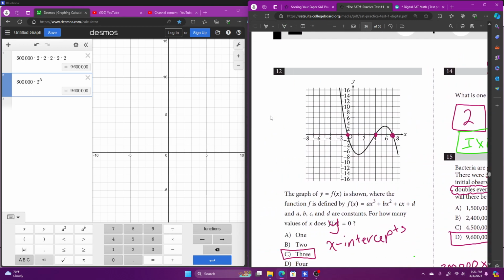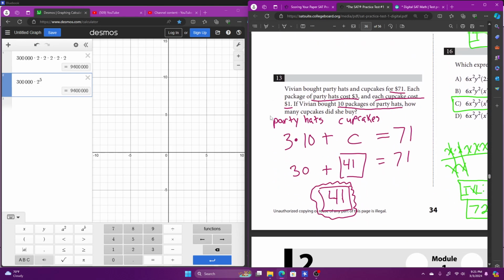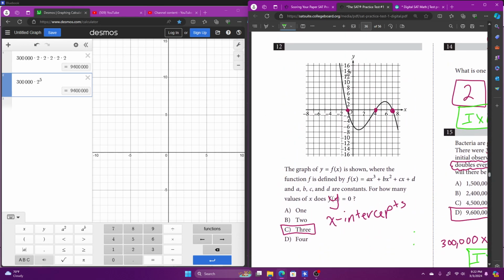And question 13 on IXL is lesson YJT. Question number 12 on IXL, I'm going to recommend lesson HW8 again.